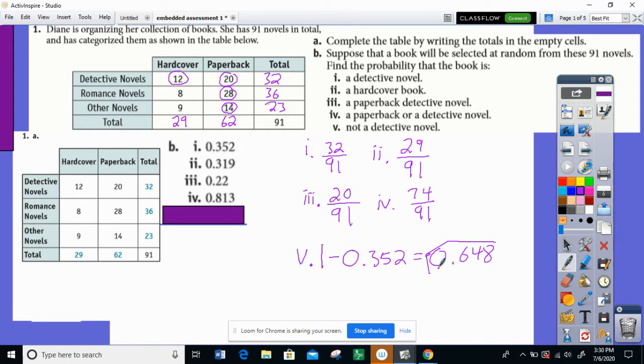An alternative way to work that out would be to count up how many books were not detective novels. That would be anything besides these 32. So that could be these 36 romance novels plus these 23 other novels. We could have gotten that same answer by working out 59 over 91.